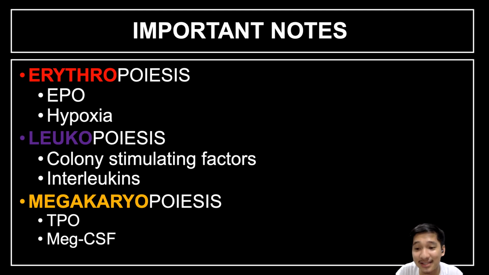Thrombopoietin stimulates platelet production together with megakaryocyte colony stimulating factor. There are many types of colony stimulating factors, so I'm expecting that you will read about them in our textbook for further reading.